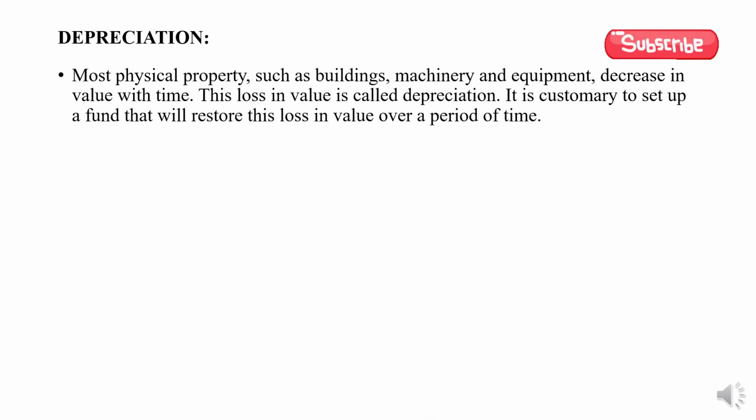Next topic is depreciation. Most physical properties such as buildings, machinery and equipment decrease in value with time. So this loss in value is called depreciation. It is customary to set up a fund that will restore this loss in value over a period of time.